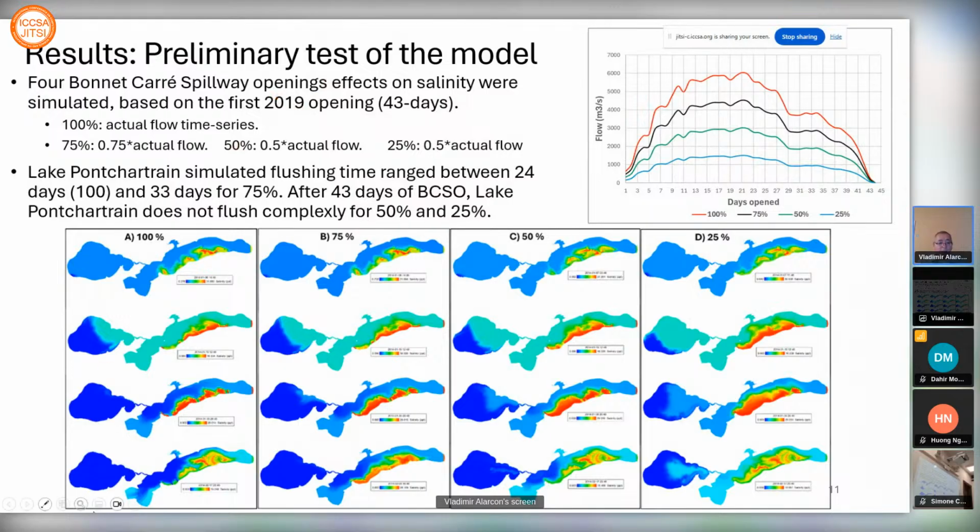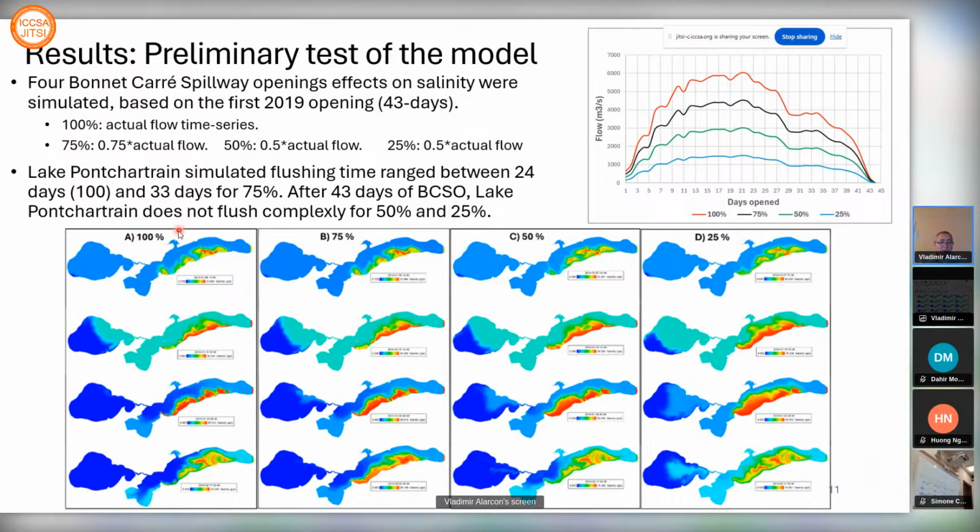And for example, when we use 100% of the flow that was introduced from the Mississippi River to Lake Pontchartrain, we simulated salinity concentrations along the study area, and we see that we achieve the decreases in salinity along the Mississippi Sound that are at least qualitatively consistent with observed data.